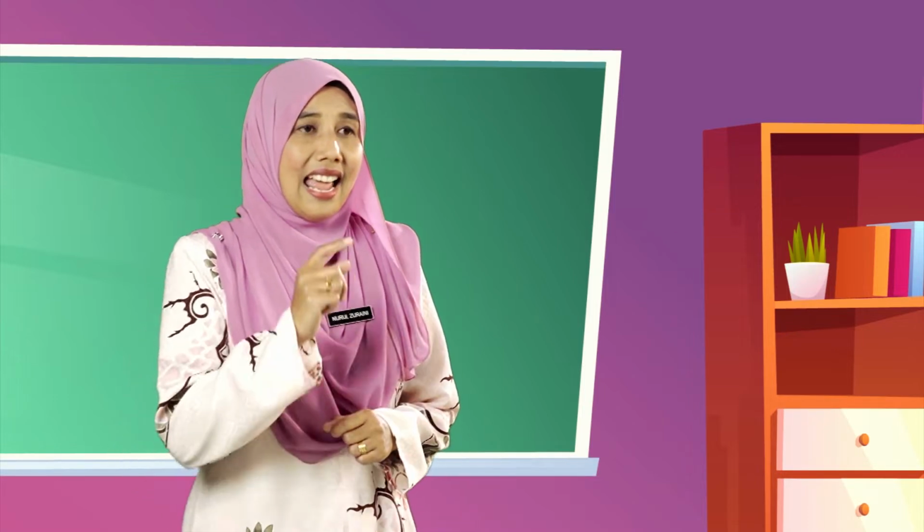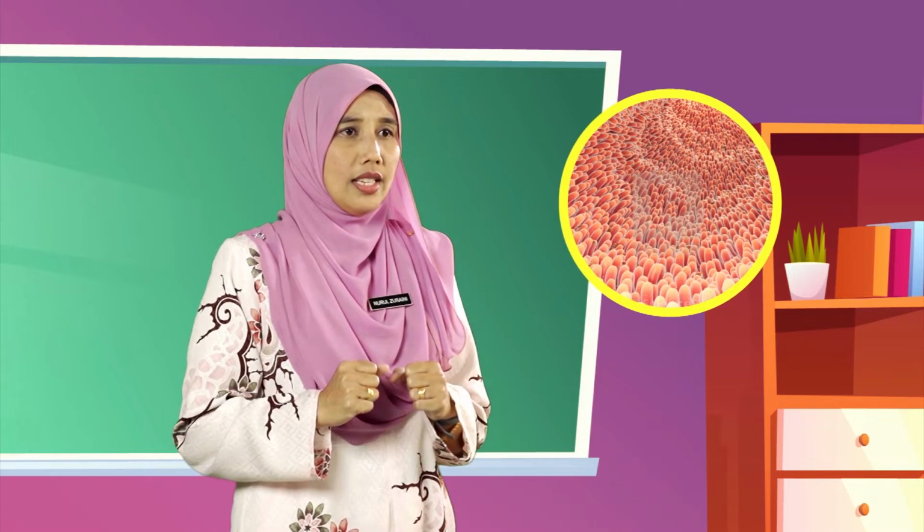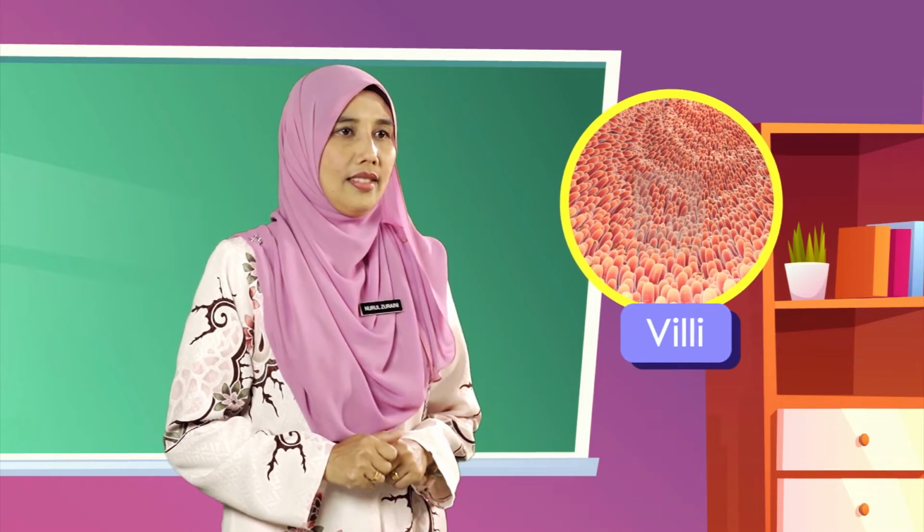Pupils, the digested food, which is made up of tiny molecules in the small intestine, must be absorbed in large amounts to enable all parts of our body to receive the nutrients. So, to ensure that absorption occurs at a maximum level, the wall of our small intestine has millions of fine projections called villi.